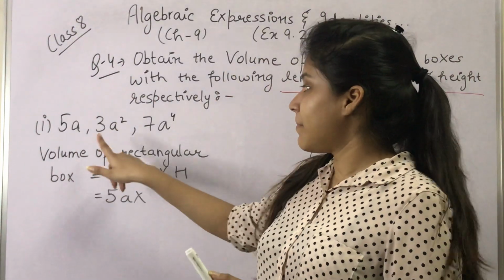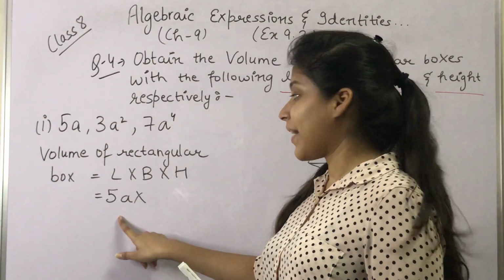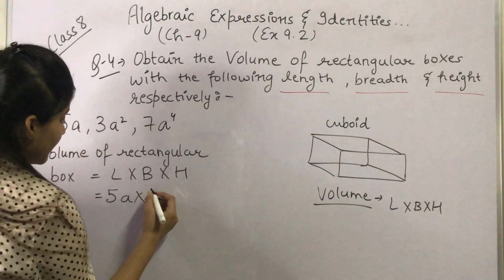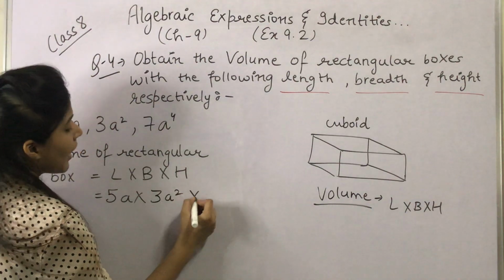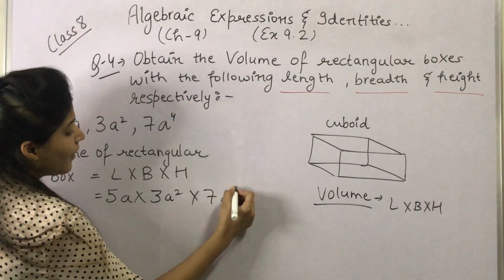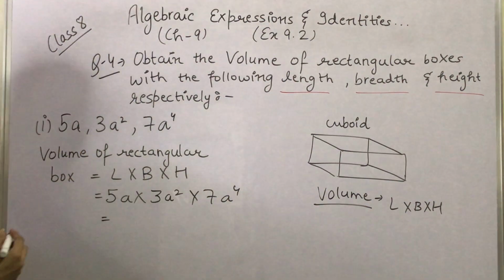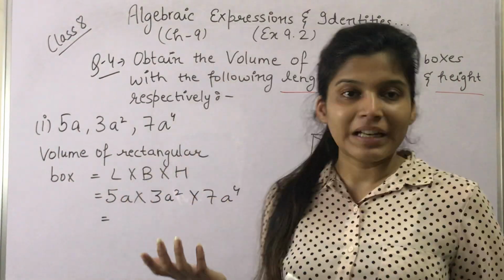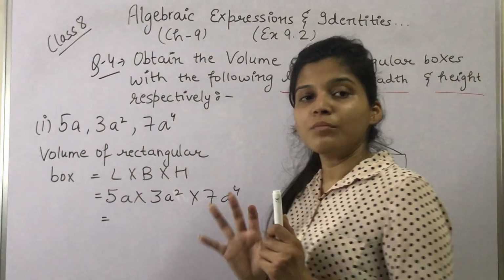Okay, so सबसे पहले यहाँ पे हमारे पास है 5a. So 5a is the length. Now 3a square is the breadth and height is 7a to the power 4. So we have to basically multiply all these three monomial expressions. ये monomial expressions ही तो है, so we have to multiply them.